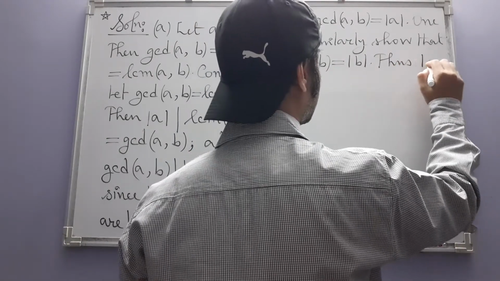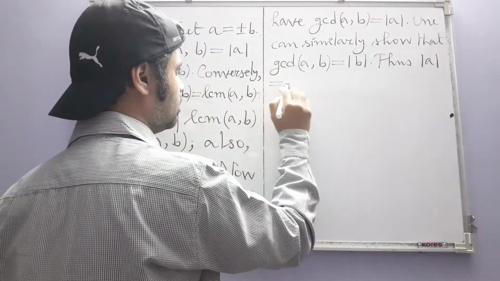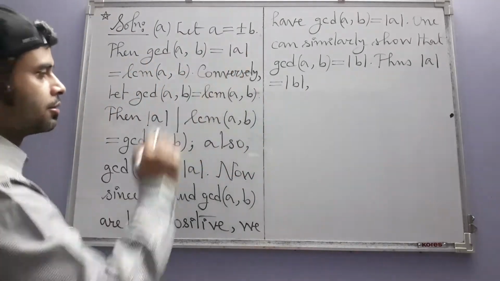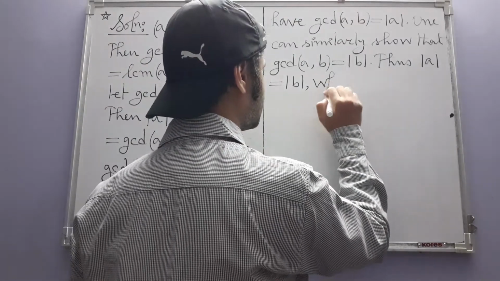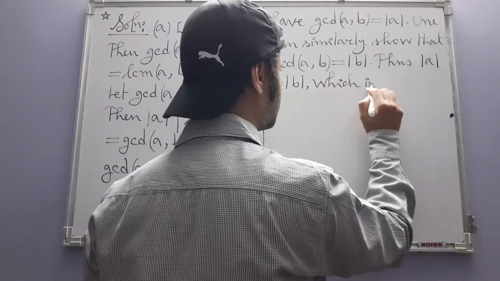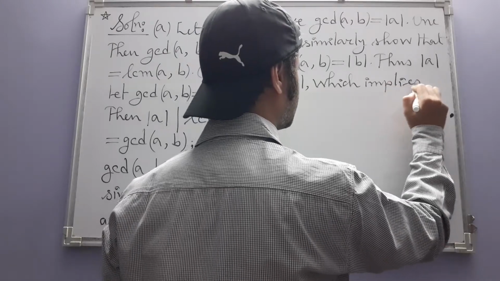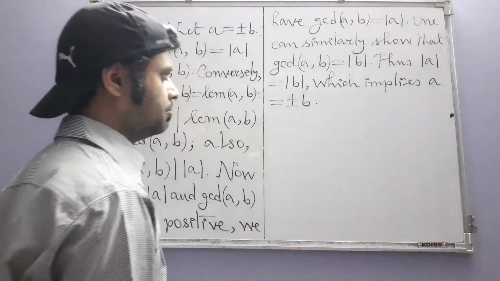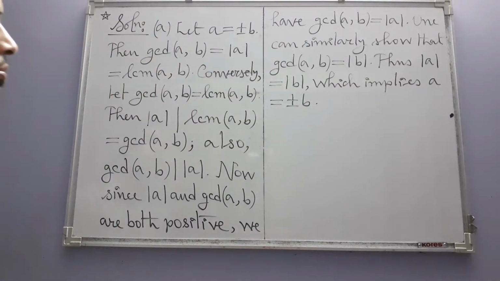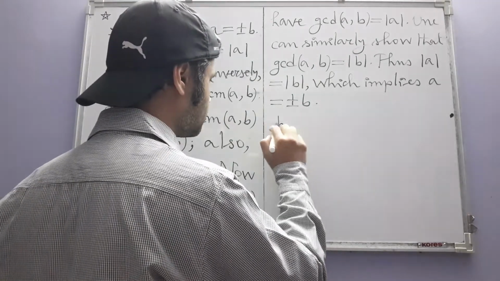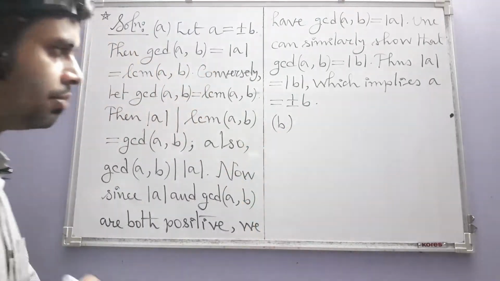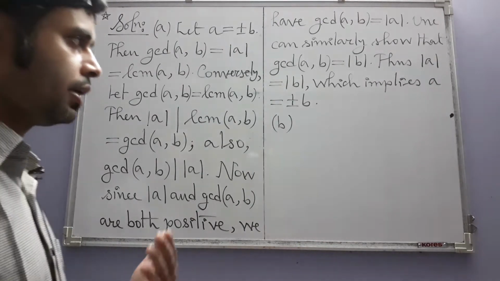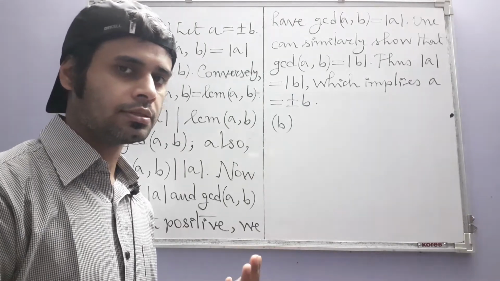Thus, these two are equal, and which of course implies what we want, which implies that A is plus or minus B. So that is part A. Next, in part B, we have to prove that if k is a positive integer, then LCM of ka and kb is k times the LCM of a and b.